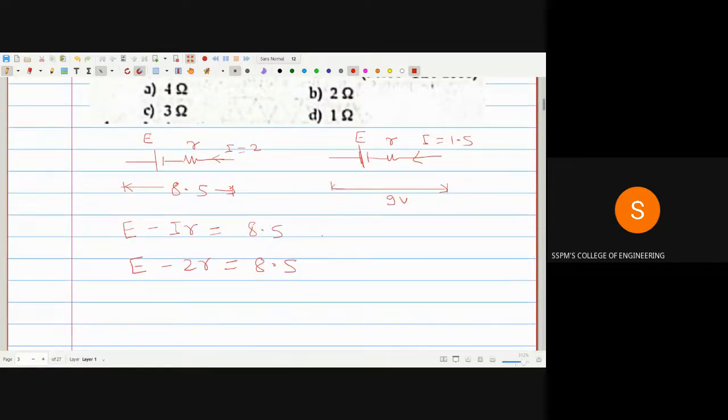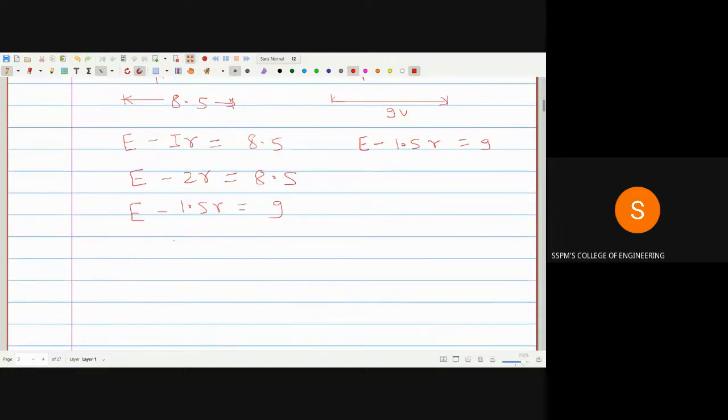After applying KVL, you will get the potential difference between two endpoints. E minus current is 1.5 into R, and the potential difference is 9. Now there are two unknown and two equations. You can use the simultaneous equation method to find the resistance. So second equation is E minus 1.5 R is equal to 9.